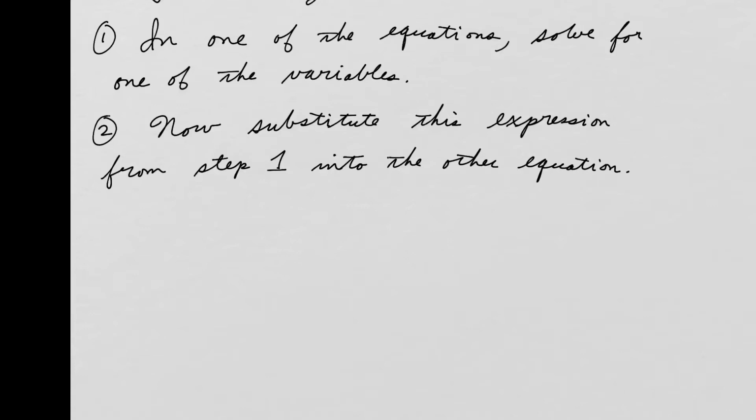And then once you've done that, you can solve for the one remaining variable. Once you substitute this expression in, you're going to have just one equation in terms of one variable, and you can solve for that variable. So I'll say solve for the remaining variable, the one remaining variable.